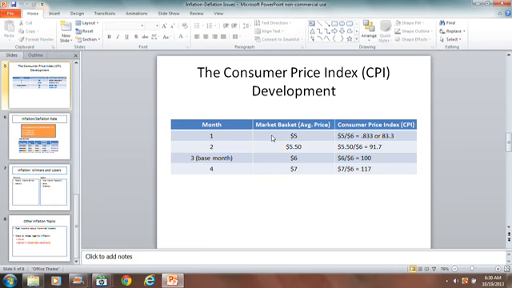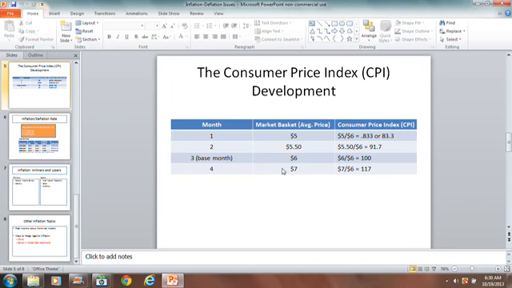Simplistically, the average price would be taking all the prices for all the products in the market basket, adding them up, and dividing by the number of prices, so you get a simple average. The Bureau uses a more complicated approach, but for our purposes, we'll just assume a simple average. The average price in that market basket was $5 for the first month. Then it jumps to $5.50 for the second month, $6 for the third month, and $7 for the fourth month.